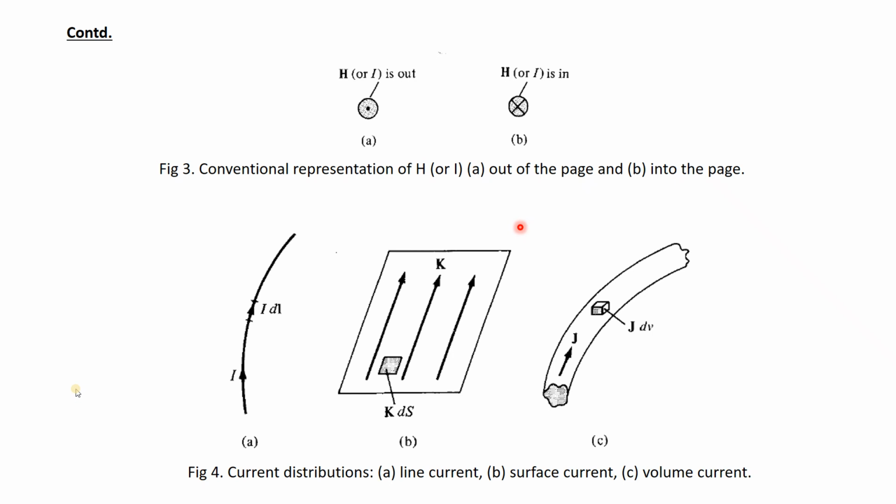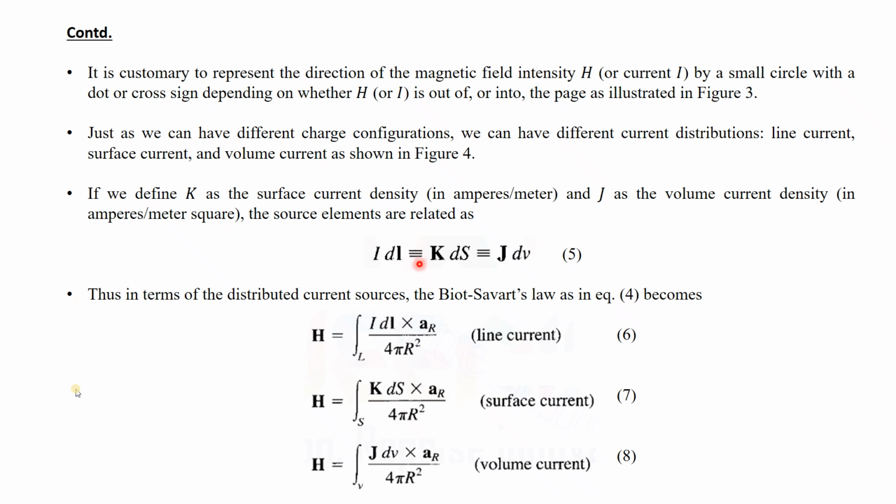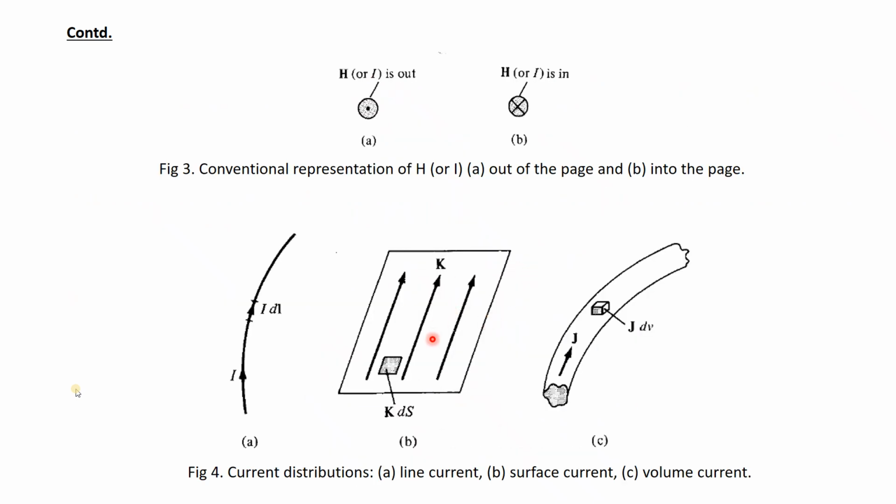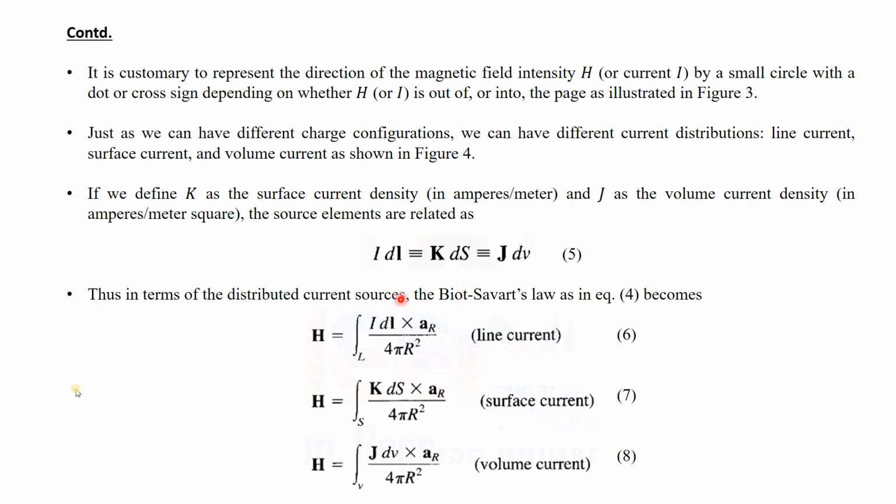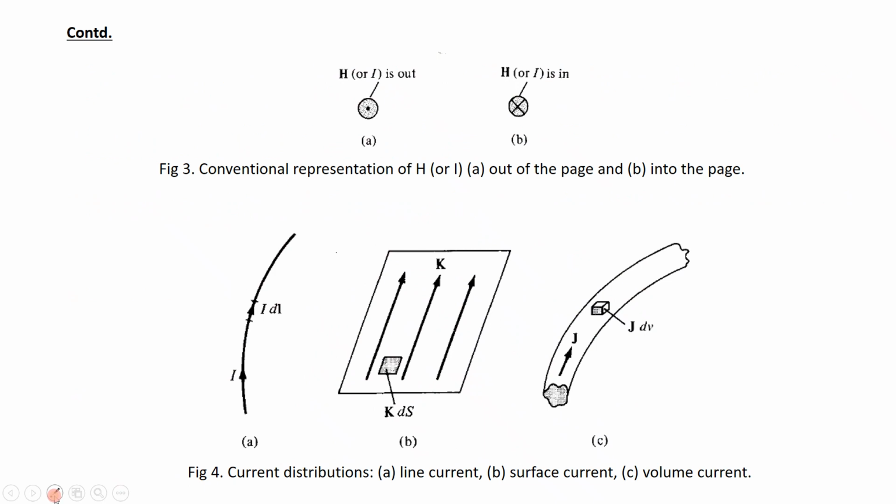In that case the current will be I, but since it is multiplied with the surface, I dl should be almost equal to K dS, almost equal to J dV. That means you will replace I dl with K dS.